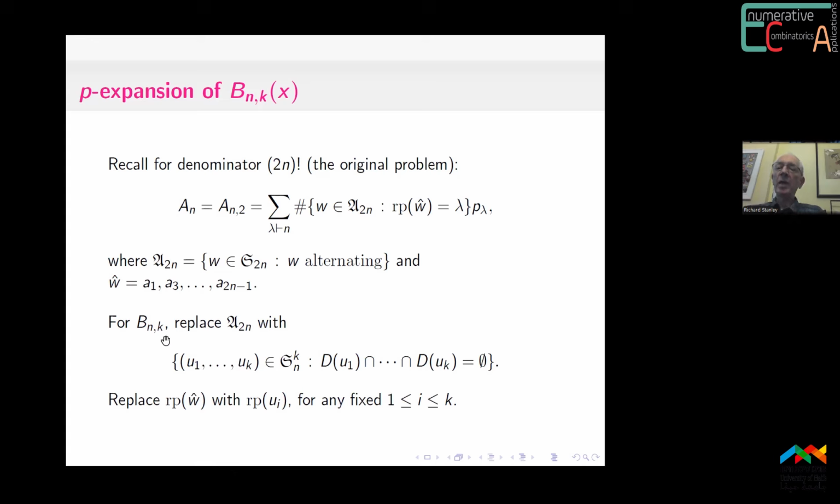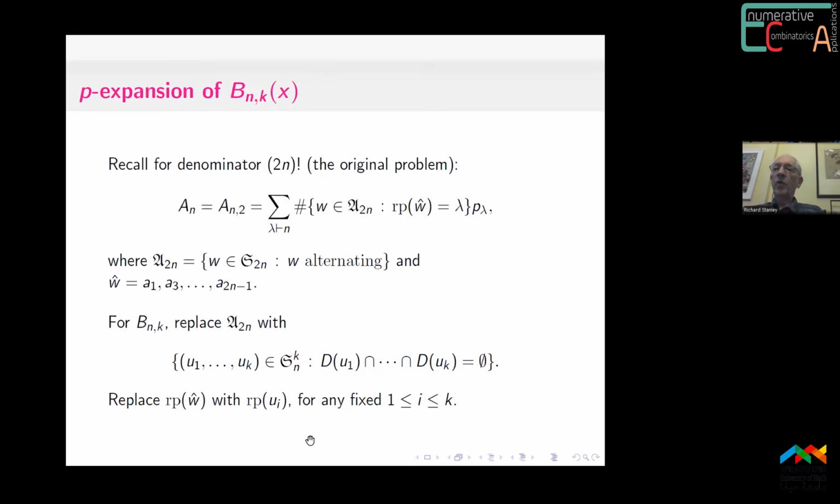So for B_{n,k}, it's the same result, except instead of alternating permutations of length 2n, we replace it by k-tuples of permutations of length n, whose intersection of their descent sets is empty. And what do we do for the record partition of w hat?